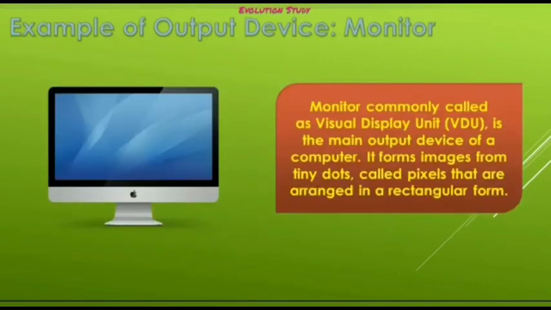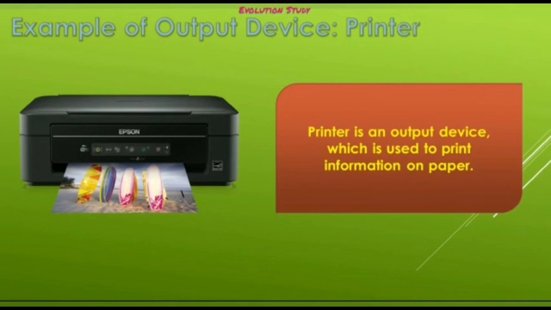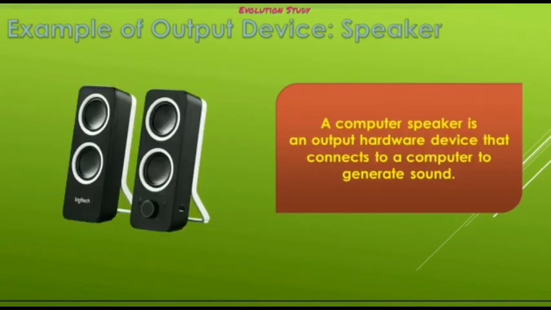Now monitor, commonly called as the visual display unit, VDU, is the main output device of a computer. It forms the images from the tiny dots called pixels that are arranged in a rectangular form. Printer is any output device which is used to print the information on paper. A computer speaker is an output hardware device that connects to a computer to generate sound.